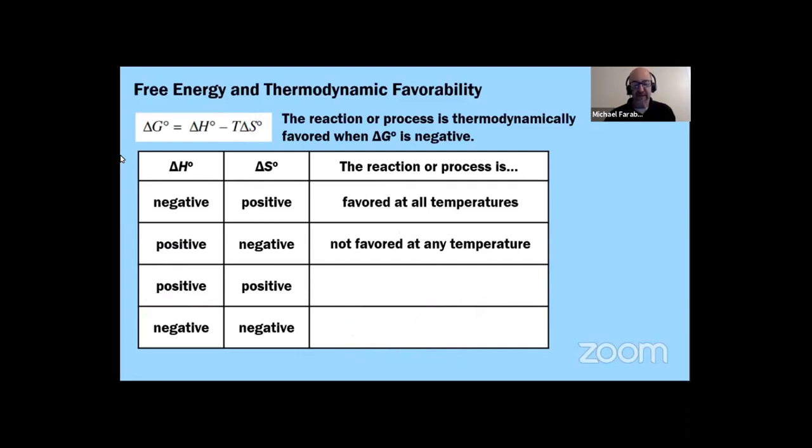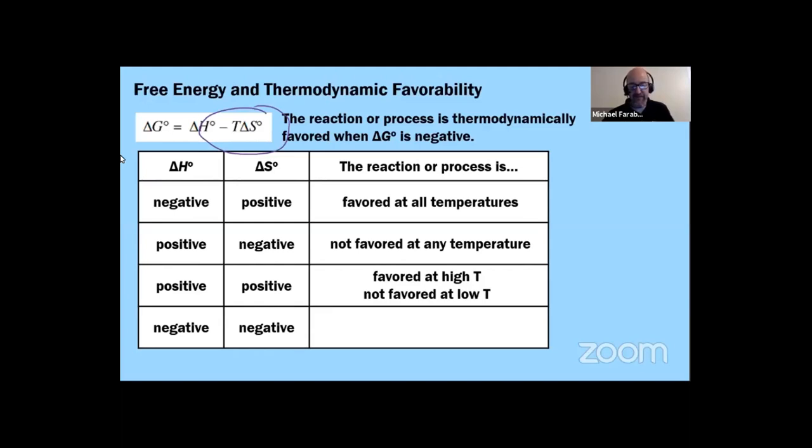Now, if delta H and delta S are both positive, then you would want this portion of the equation to get your focus. So if delta H is positive, that's not going to help our situation. We're trying to get delta G negative. So that would only be favored whenever the value of T is relatively high.